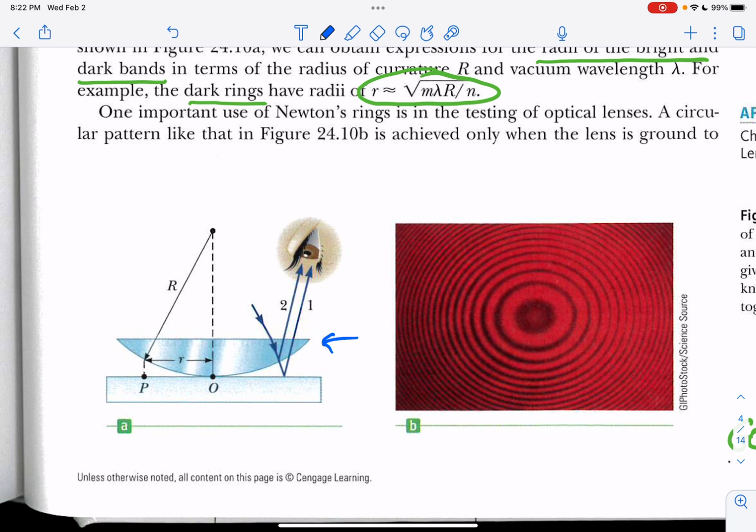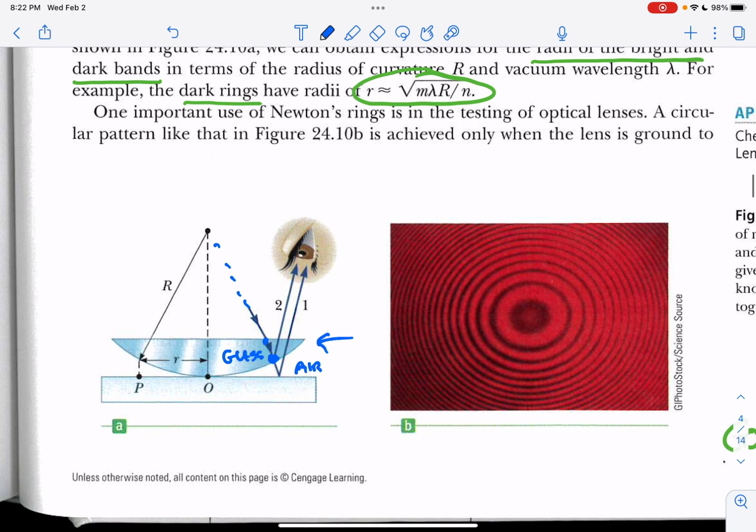And if we imagine a beam of light coming in, refracting a little bit right there, coming to the bottom of the glass and coming out, you'll notice that at this point it's reflecting off a surface where there's air beneath it, and this is the glass right here. And so the index of refraction inside is greater than the index of refraction where the air is, so there is no phase reversal right there.